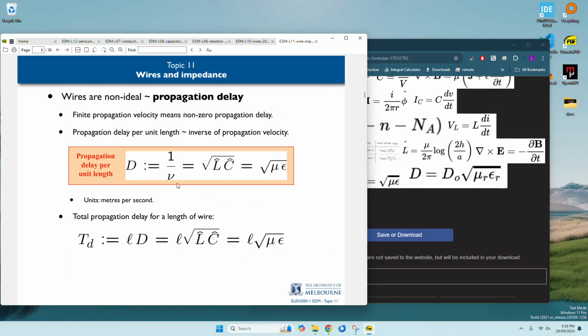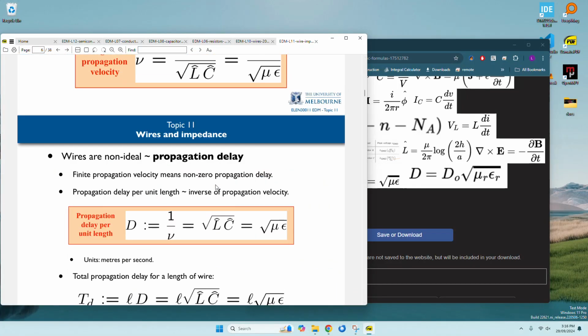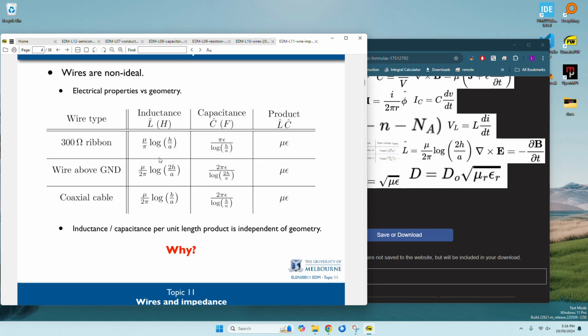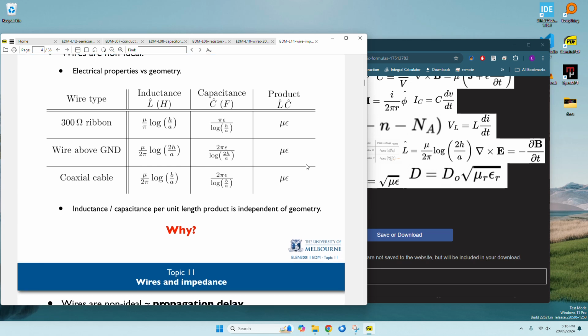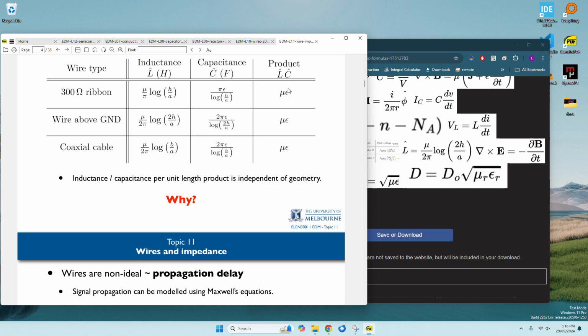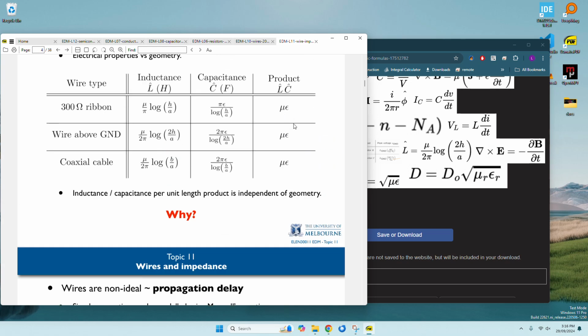Propagation delay, that's it. That's how quickly it takes to... There's a cool bit here. If you multiply the inductance and the capacitance together, that tells you how quickly it's going to rearrange. It's always a product of the magnetic permeability and the permittivity, which is interesting because both of them are related to capacitance and inductance, of course.